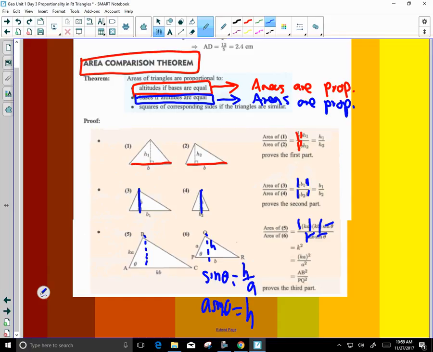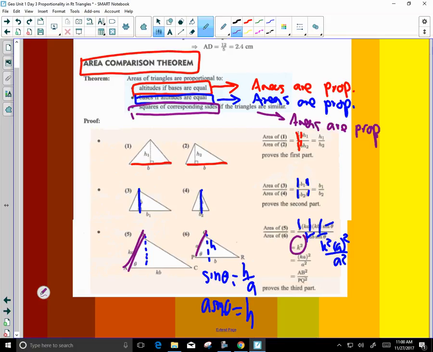Now, if you multiply top and bottom by A squared, you're going to get KA squared over A squared, which is just this side to this side. AB is to PQ, but they're squared now. So what they're saying here is that the areas of corresponding similar triangles are proportional to the squares of the corresponding sides.